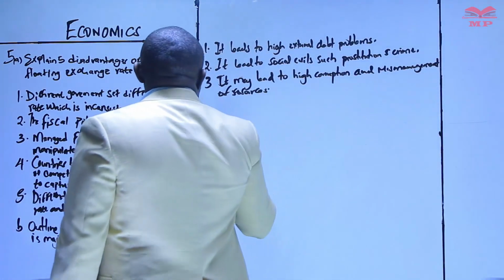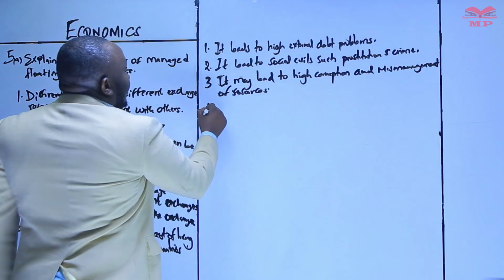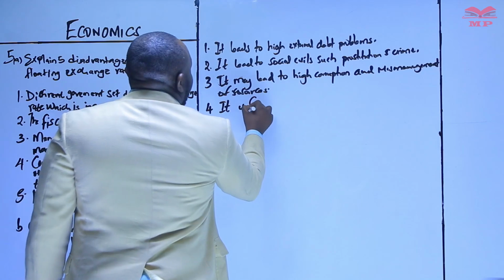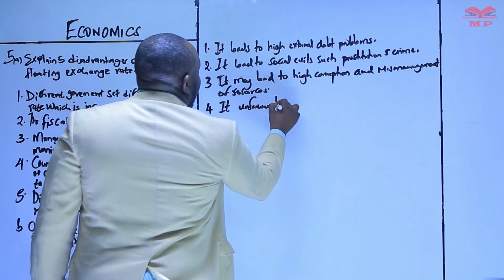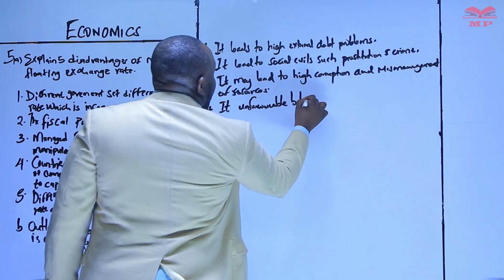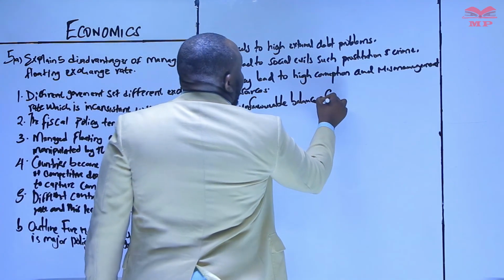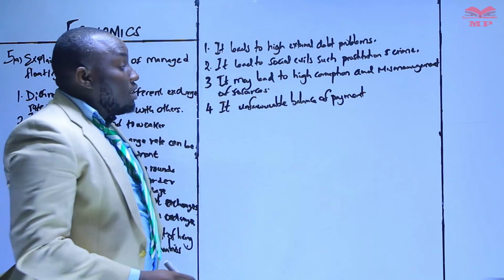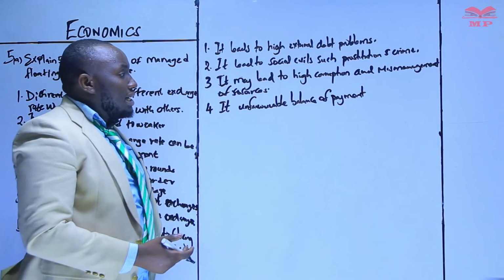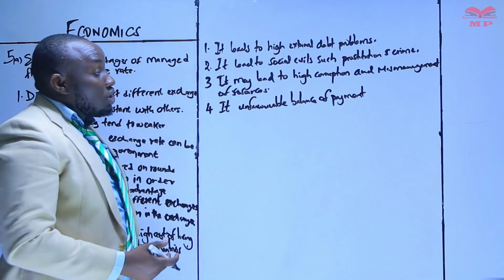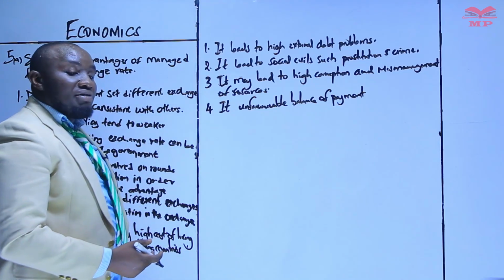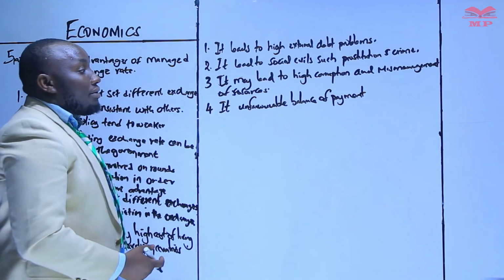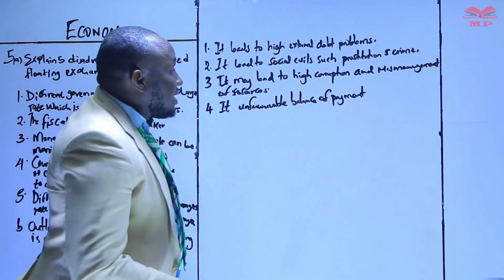We can also talk about how it can lead to an unfavorable balance of payment. In this case, we can talk about a deficit. For example, because the cost of living is very high, a country may heavily depend on imports rather than exporting.